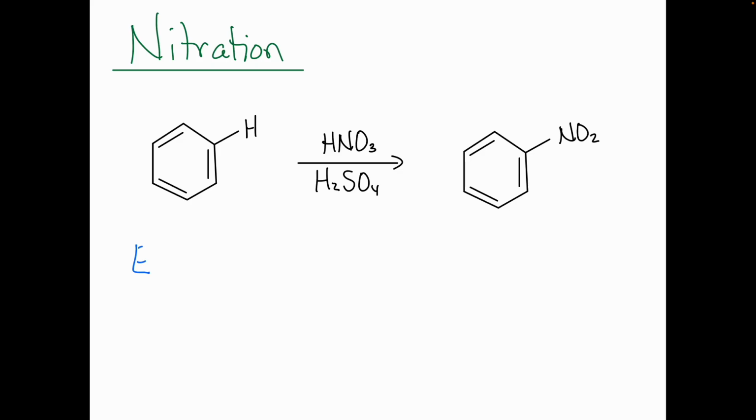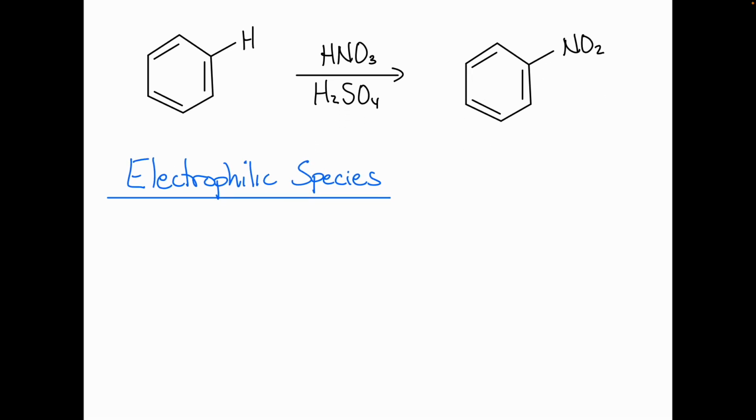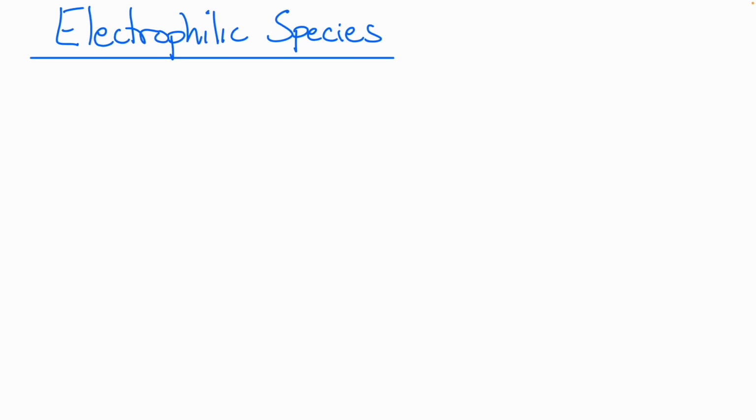Again, we need to look at our electrophilic species for this reaction. Okay, so again, we're going to see this reaction between our nitric acid and our catalyst. So we're going to draw our full Lewis structure for that nitric acid.